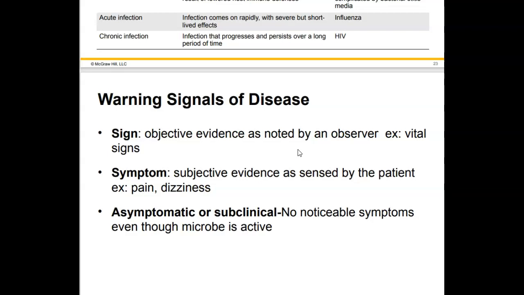Symptoms are subjective evidence, as it says. This is what you are sensing, what you are feeling at the time. So it says you may feel pain, you may feel dizziness, you just have this malaise that you feel, versus a sign, which is what the physician is noting.